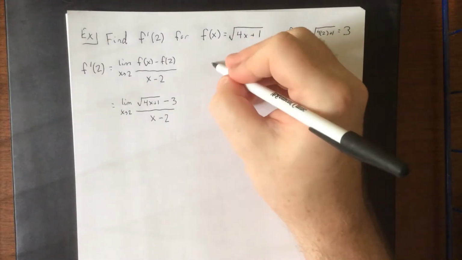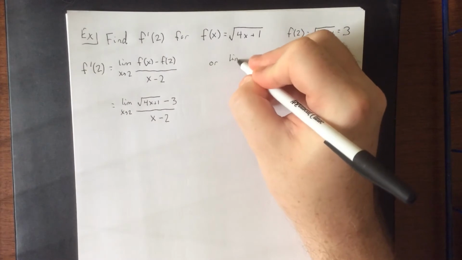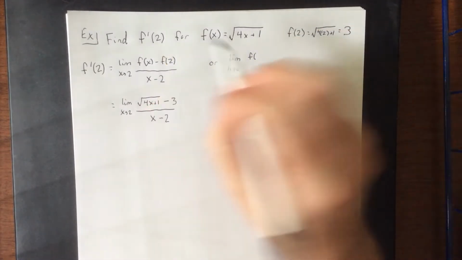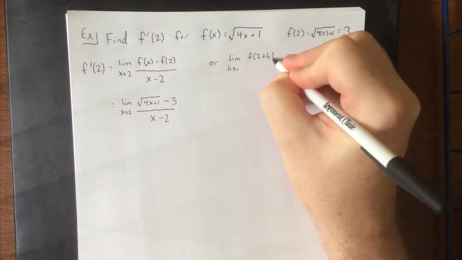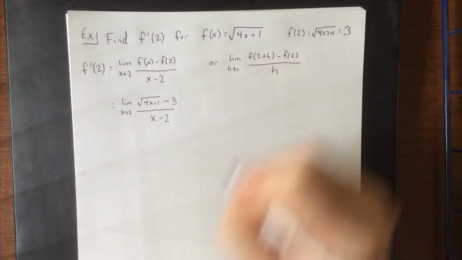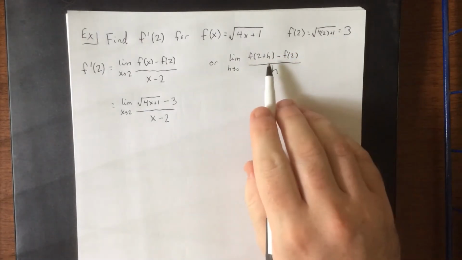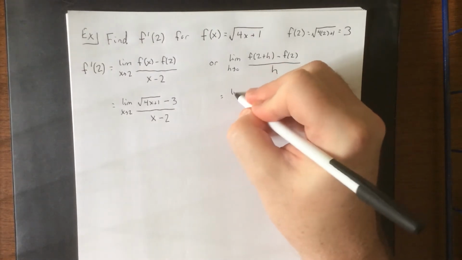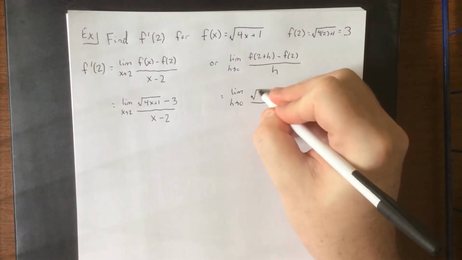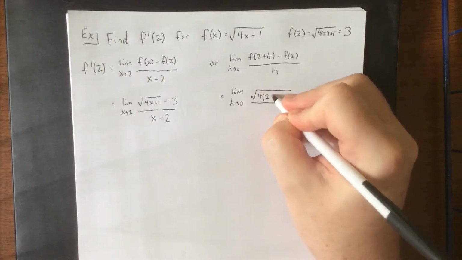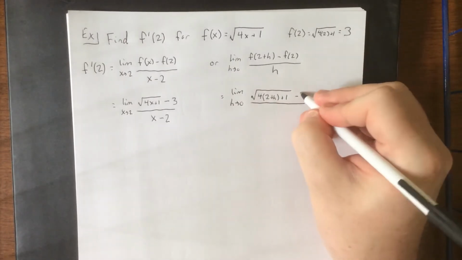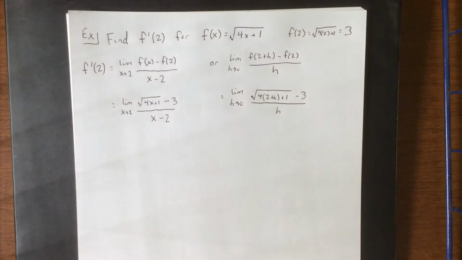The alternate form of the derivative is the limit as h approaches 0 of f of 2 plus h minus f of 2 all over h. Replacing all of the x's with a 2 plus h, this would be the limit as h approaches 0 of the square root of 4 times the quantity 2 plus h plus 1 minus f of 2, which is 3, all over h.